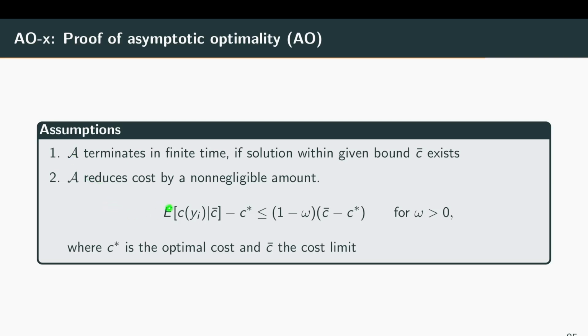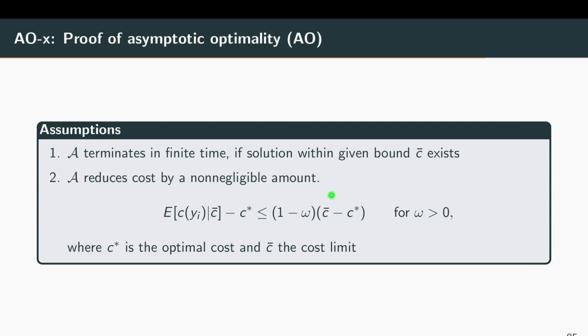Formally, the expectation of the cost of the solution in iteration i, given the cost bound that we gave it, minus the optimal cost, should be lower than 1 minus some omega, which is a positive number, times the cost bound minus the optimal solution.